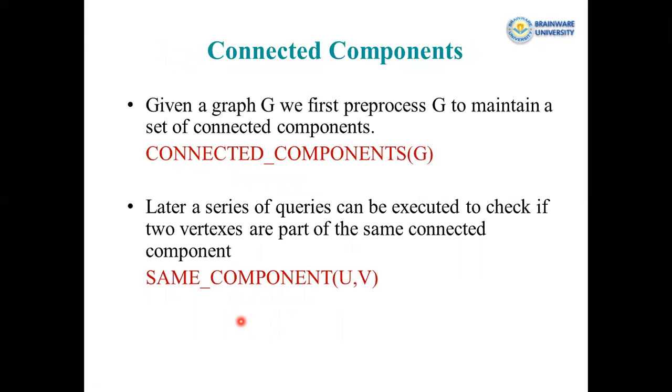Next, the connected component. Basically there are two different functions. One is connected component of G, and another is same component of u v. Using the connected component, you can see here the given graph capital G. We first process G to maintain a set of connected components.